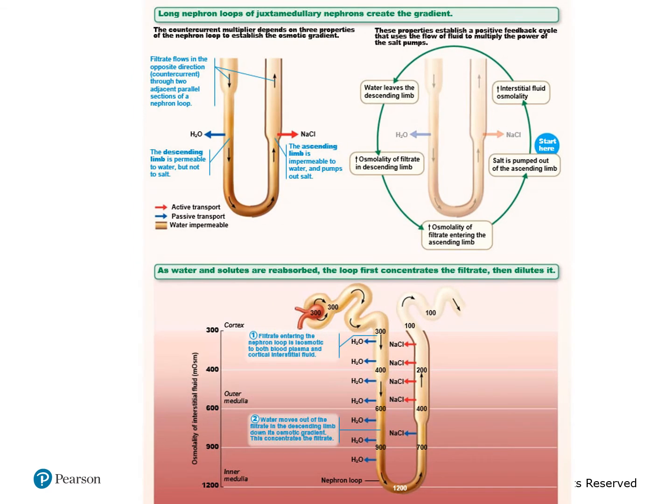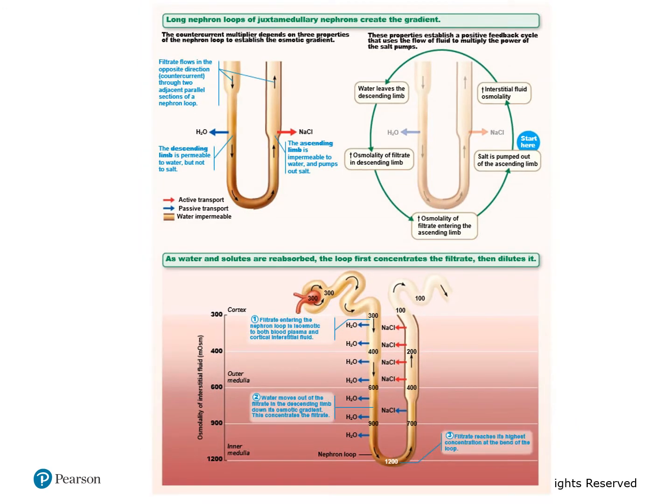Next, water moves out of the filtrate in the descending limb, down the osmotic gradient. This concentrates the filtrate. Next, the filtrate reaches the highest concentration at the bend in the loop. Right here, you can see where it's 1200.